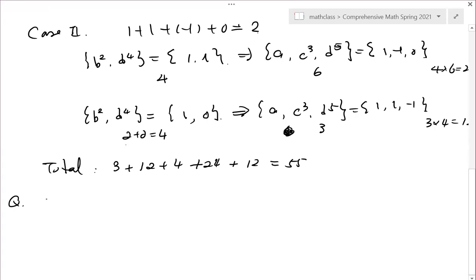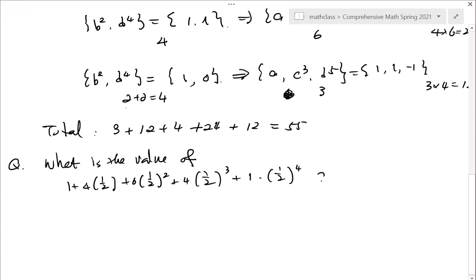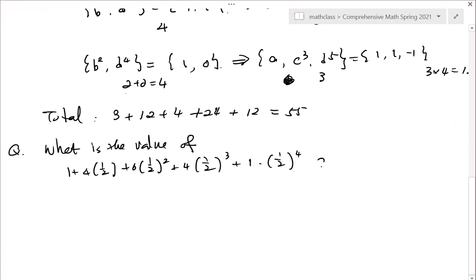The question is, what is the value of 1 plus 4 to the 1/2 plus 6 to the 1/2 squared plus 4 to the 1/2 cubed plus 4 to the 1/2 to the 4th power?